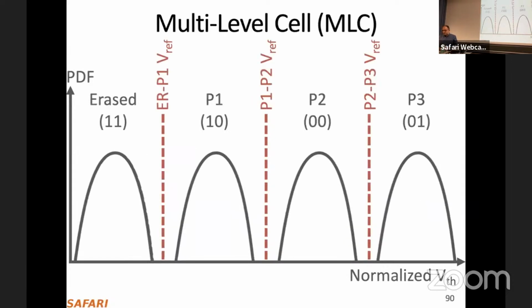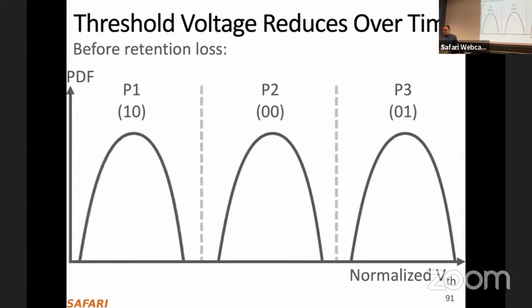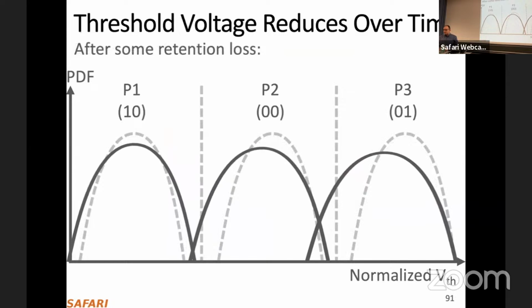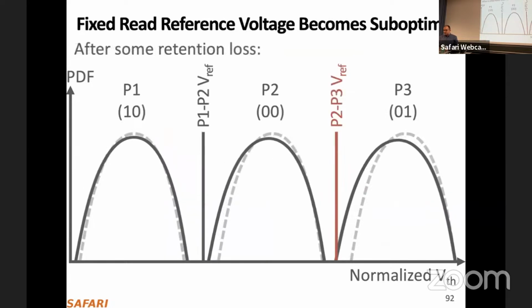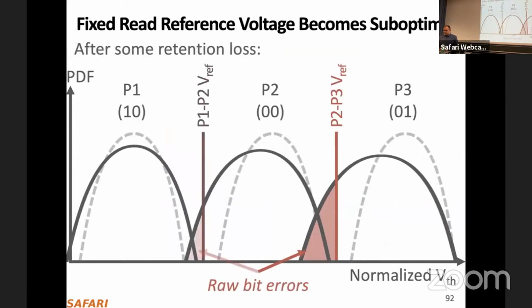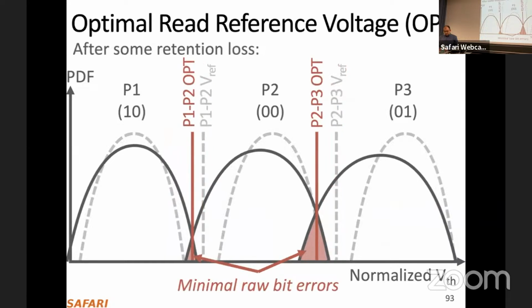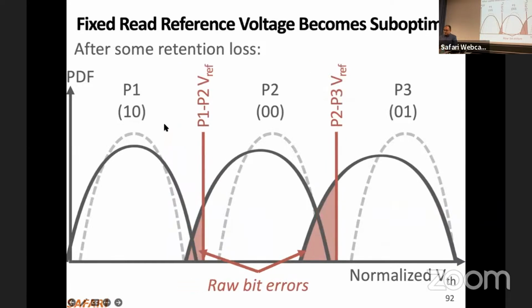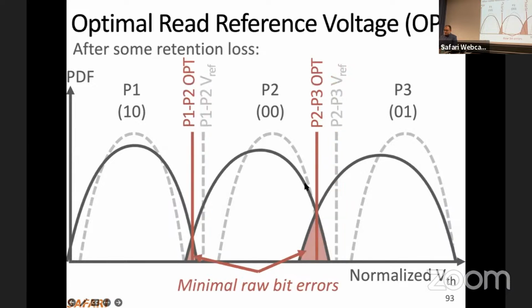Okay, so these are multi-level cells, and the threshold voltage reduces over time. Once it reduces, if you want to keep your reference voltage as before, you're going to have a lot of errors. So the idea is that now you need to come up with the optimum reference voltage, which will still cause some errors, but then you can have minimal raw bit errors and hope for correction of them using ECC.